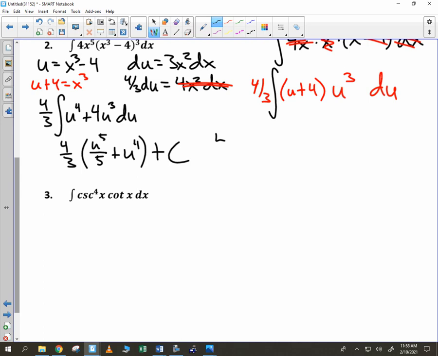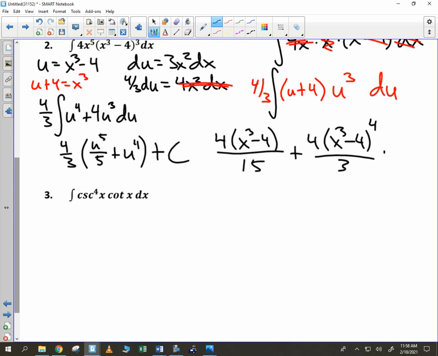So I've got 4 times (x cubed minus 4) to the 5th over 15 plus 4 times (x cubed minus 4) to the 4th over 3. What did I do?